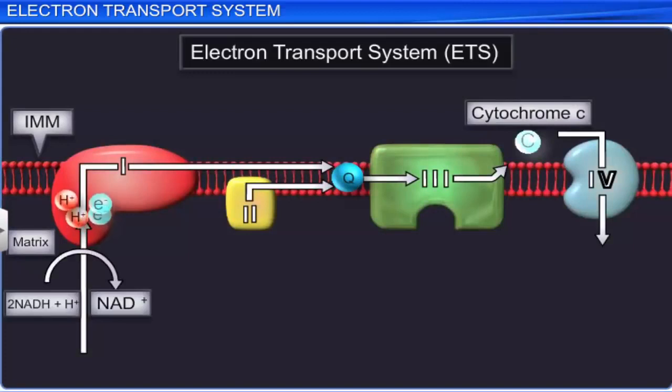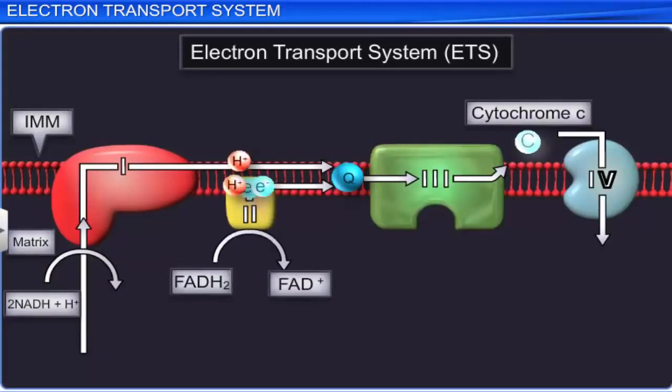Electrons from NADH plus H+ are transferred through complex 1 to ubiquinone and protons are moved from the matrix of the mitochondria to the intermembrane space. In the same way, electrons from FADH2 are transferred through complex 2 to ubiquinone, and protons are moved from the matrix of the mitochondria to the intermembrane space.